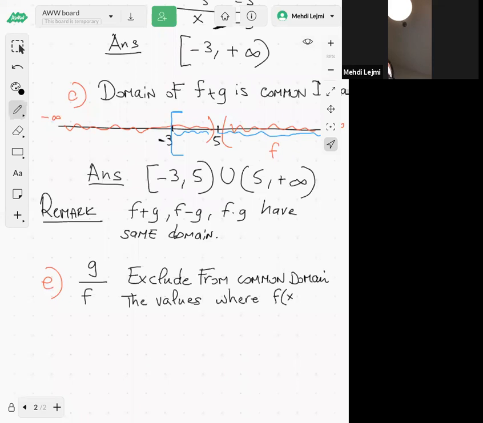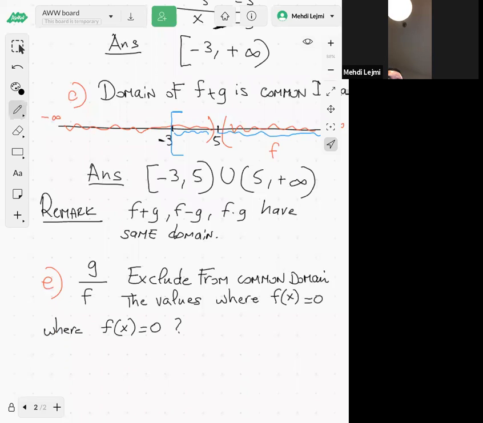If it was f over g, then you have to exclude the values where g is 0. So anyway, for this g over f, the question now is where f is 0.